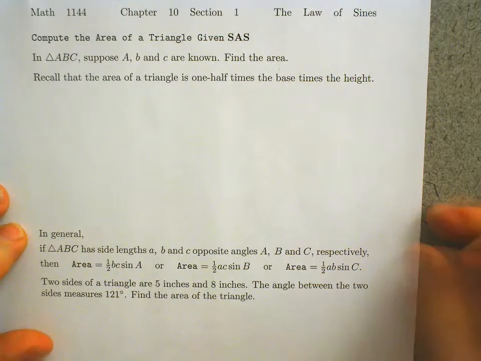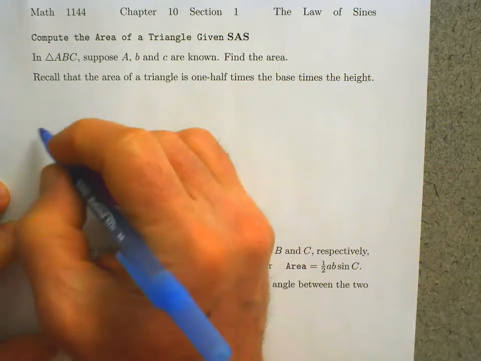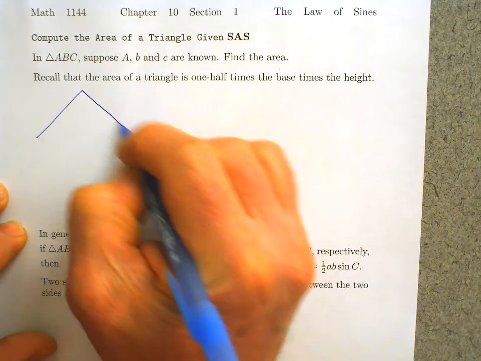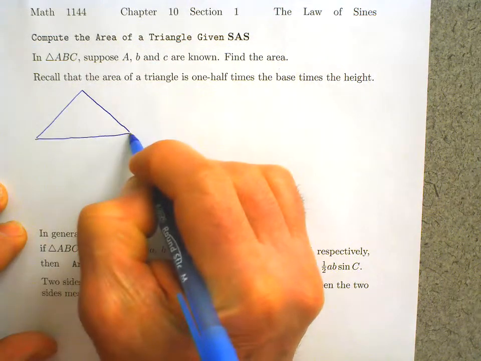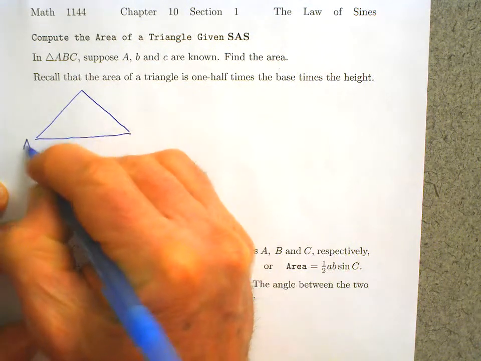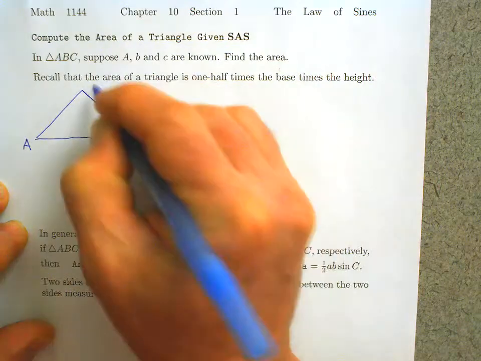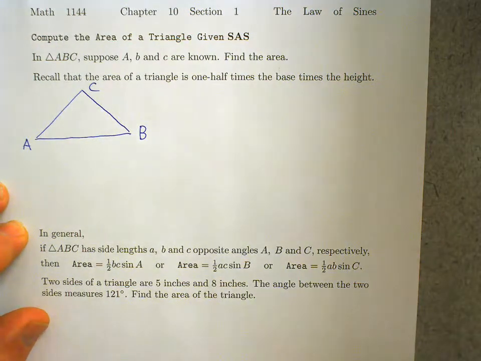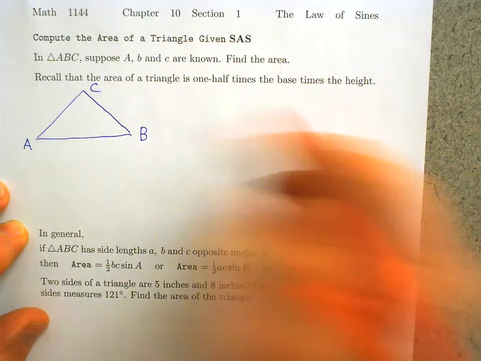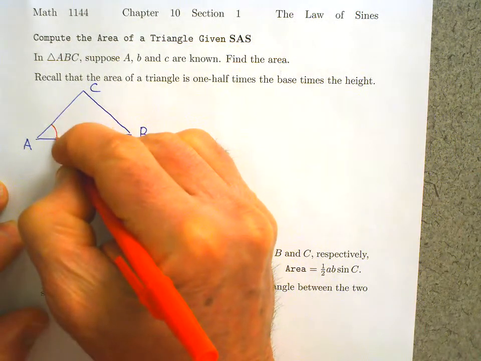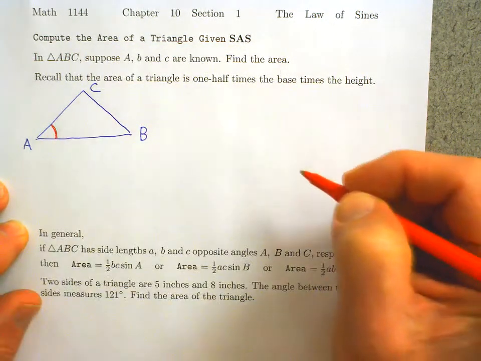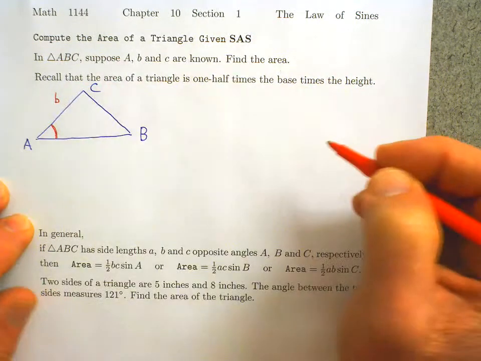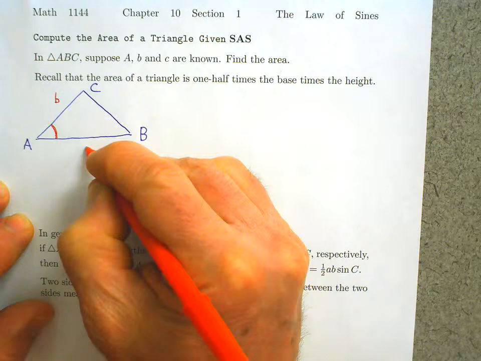Okay, so we will just draw a triangle for reference. I'll label it ABC. And we're given angle A, and we're given lowercase b, and we're also given c.